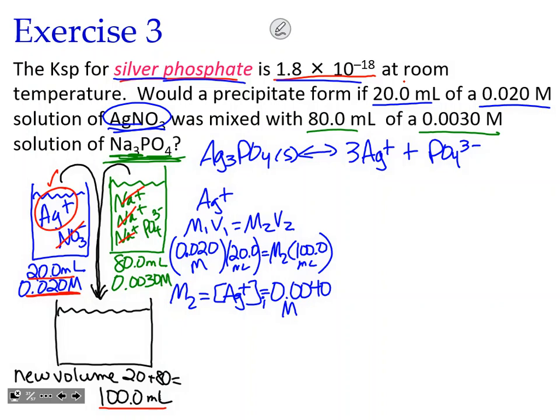Okay, now we need to focus on the phosphate part. Whereas we started with 80 of that, 0.0030 molar, now we have to figure it out for 100. So we also have to do this for the phosphate over here, M1V1 equals M2V2.